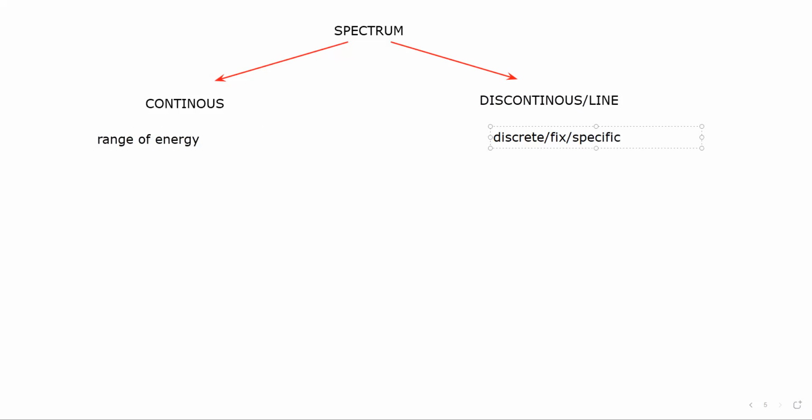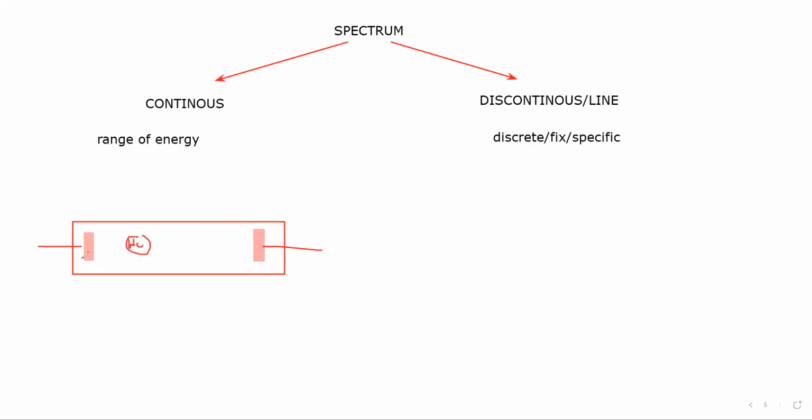Let me explain what a continuous spectrum is. For example, you have a discharge tube filled with helium, and you connect an AC supply to this. There are helium atoms inside, and due to the continuous change in the direction of the electric field, the helium atoms vibrate.